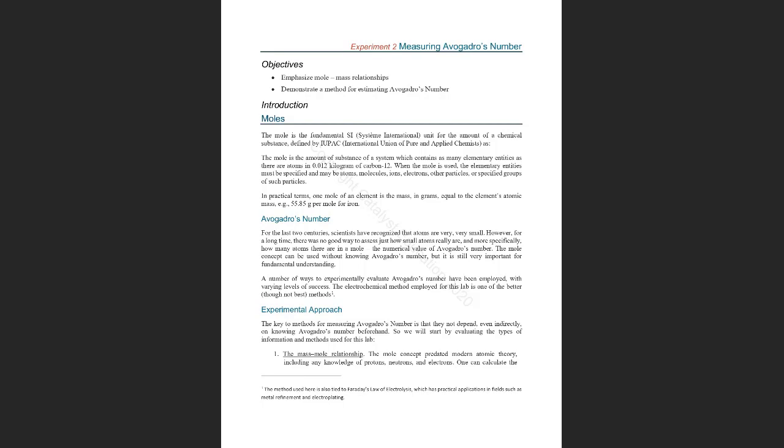The Avogadro number is the total number of electrons divided by the number of moles of electrons. And we will determine Avogadro's number when a piece of copper is placed in a solution of sodium sulfate.